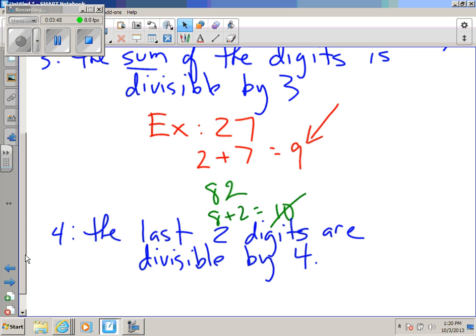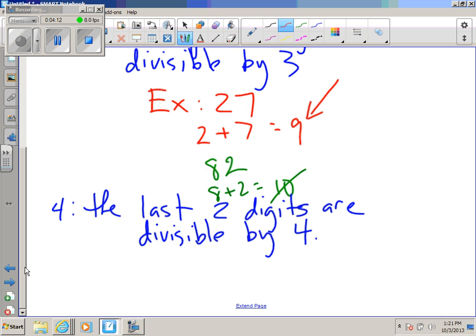Now, this one oftentimes gets confused because you usually run the test for 4 after you've done the test for 3. When you run the test for 3, you're adding the digits together. Nowhere in this definition for 4 does it say sum. You are not adding digits together. You are looking at the last 2 digits as is.